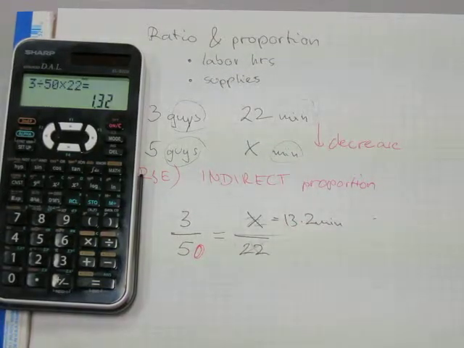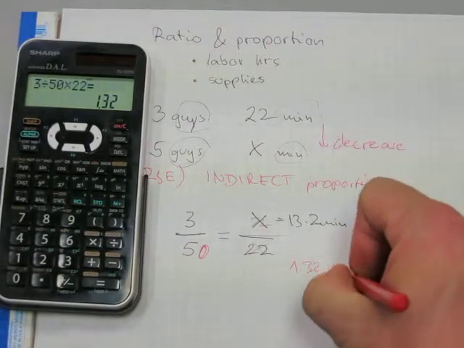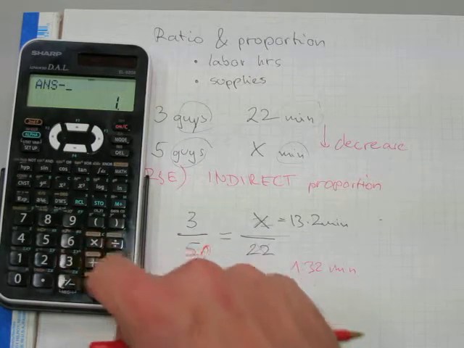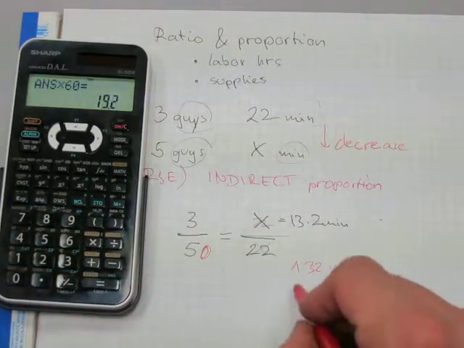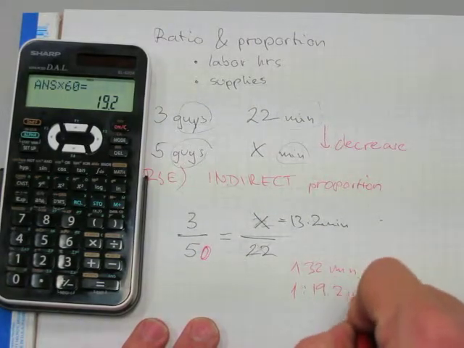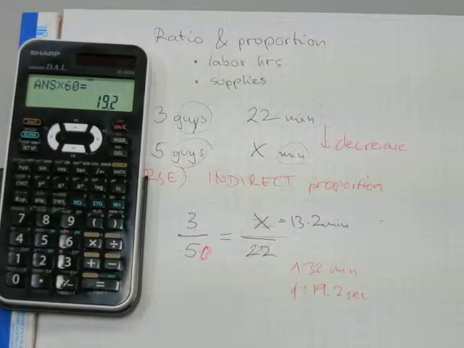So now the new amount is 1.32 minutes, and if I want to convert that 0.32 to seconds, it is 19 seconds. So that's 1 minute and 19.2 seconds. Wow, that's amazing. Now logic also dictates that you cannot possibly put 50 people on the same pipe laying task.